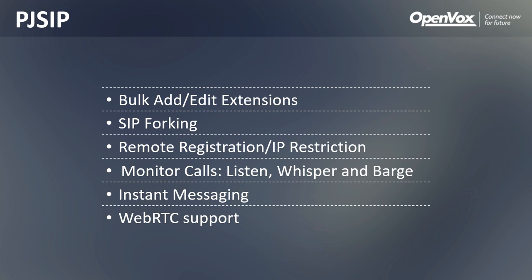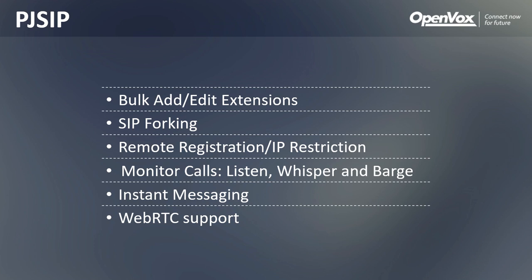Many previous functions are also compatible with PJ-SIP, such as TLS support, NAT support, video conferencing support, instant messaging support, and WebRTC support. In addition, the option of remote registration, IP restriction, user agent, and the function of monitor have been added into PJ-SIP. And firstly, let me introduce SIP forking briefly.